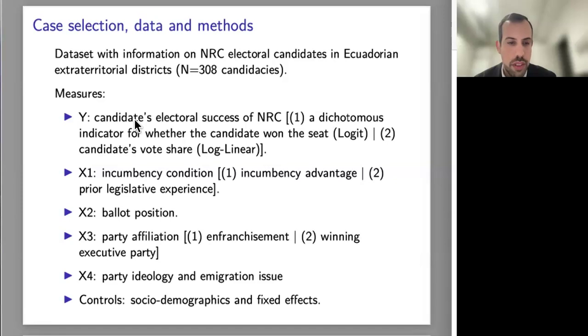First, if the candidate is affiliated to the party that won the presidency, and then, mixing with the gratitude model, if the party is pro-enfranchisement or not. And finally, following our paper together with Reyes Dandoy, published recently in Representation, about the strategic entry of Ecuadorian parties in extraterritorial districts, we incorporate party ideology and issue salience.